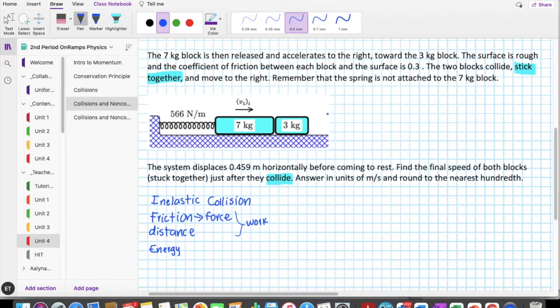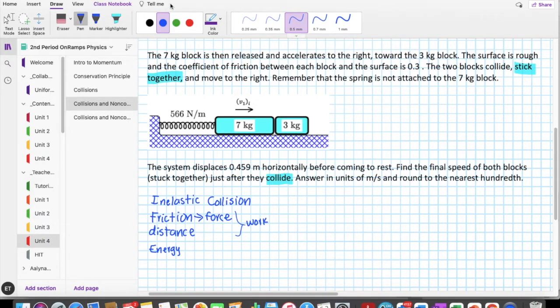Now, let's think about what's happening. So the system, after they collide, they stick and they move as one thing, as one unit. So you can think of this as a bigger block, right? With bigger mass, 7 plus 3 kilograms. And if it's moving, we have kinetic energy.